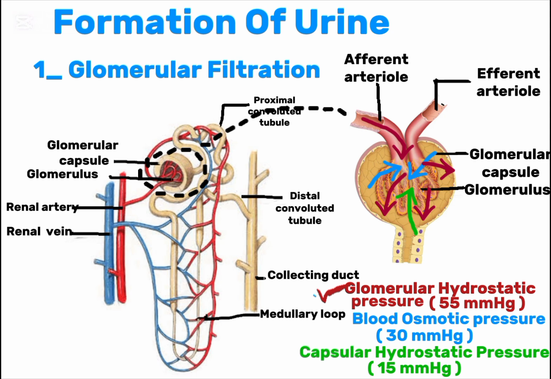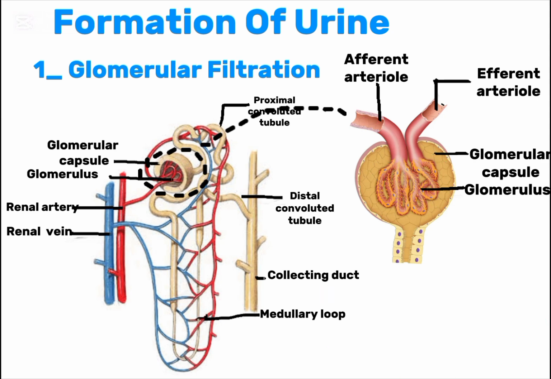Water and other small molecules are readily filtered from the glomerular capillaries, but blood cells, which include red blood cells, white blood cells, platelets, some proteins and drugs are too large to be filtered from the glomerular capillaries.